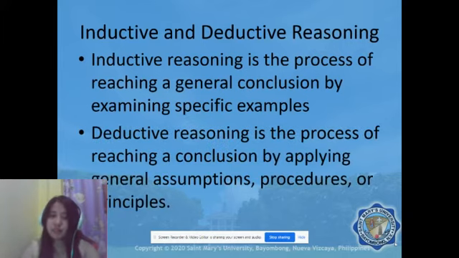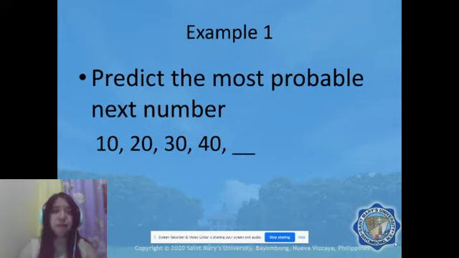While deductive reasoning is the process of reaching a conclusion by applying general assumptions, procedures, or principles. Or in other words, this is from general to specific. So as mentioned, inductive reasoning is from specific to general, while deductive reasoning is from general to specific.